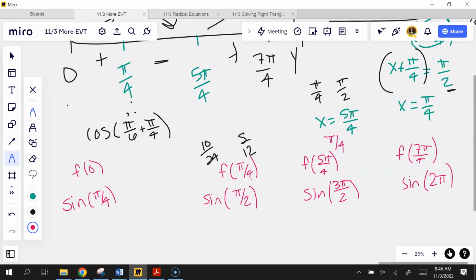Sine of pi over 4 is what? Y'all should know that one. Square root 2 over 2. Sine of pi over 2 is 1. Sine of 3 pi over 2. Sine of 2 pi. Minimum.